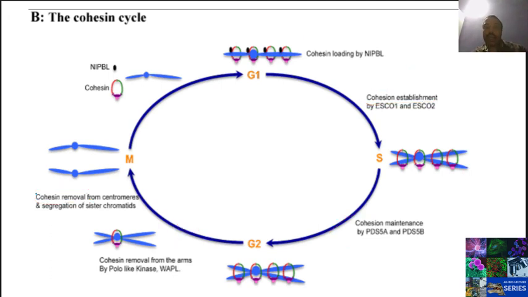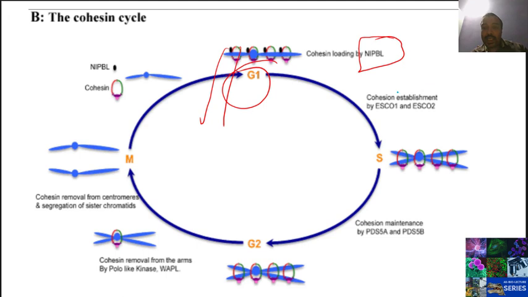First one, cohesin loading occurs in G1 phase in yeast or at the end of telophase of the previous cell cycle in mammalian cell. Cohesin loading is mediated by the protein NIPBL, and the second phase is establishment of cohesion.